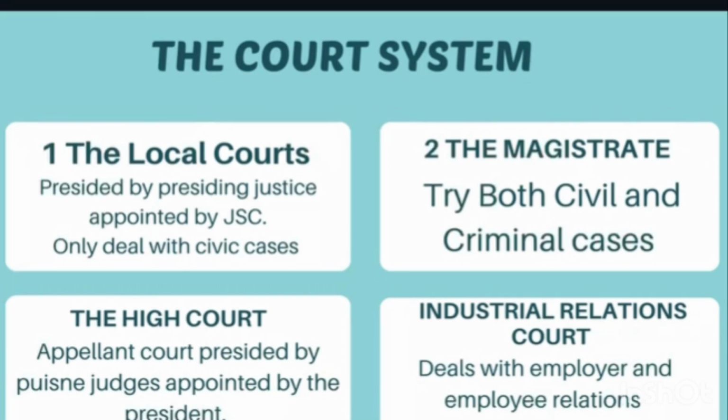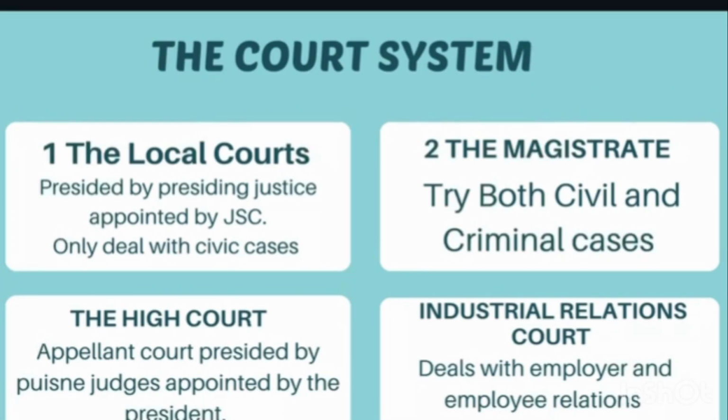The third level is the high court. So let me explain on this one. There are 4 levels of courts. Firstly we have the local courts, then secondly we have the magistrate courts. On number 3, get me clear here, we have 2 courts which are on the same level, level 3, the high court and the industrial relations court.